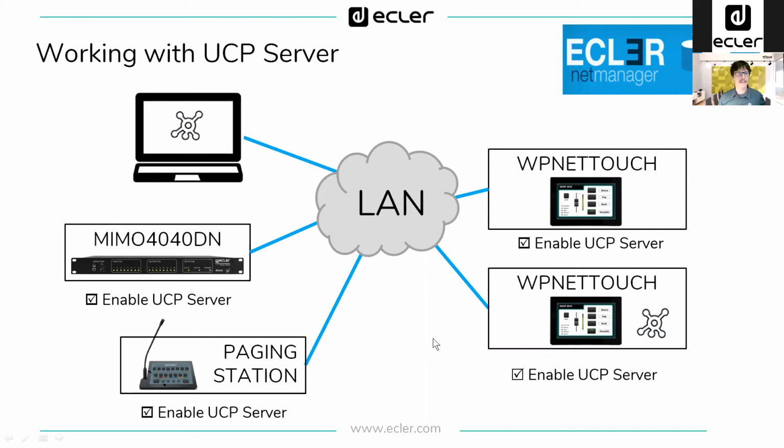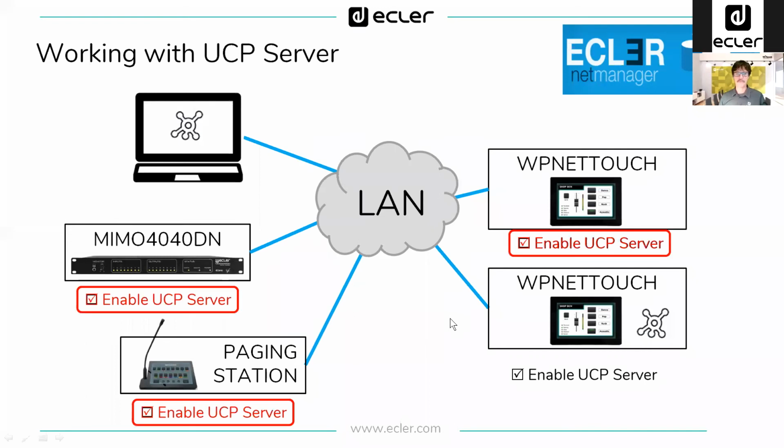So in order not to get confused, I recommend you to disable the rest of the devices that are not a UCP server. So in this case, maybe we want this to be the UCP server. Okay, that's why I put this symbol. So I will disable each and every other UCP server in the network.